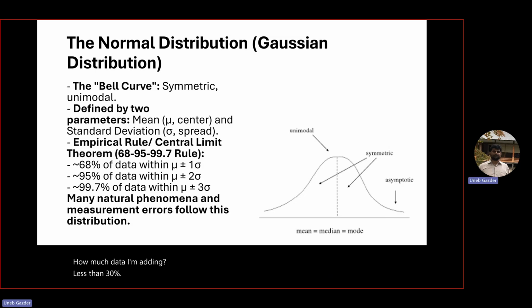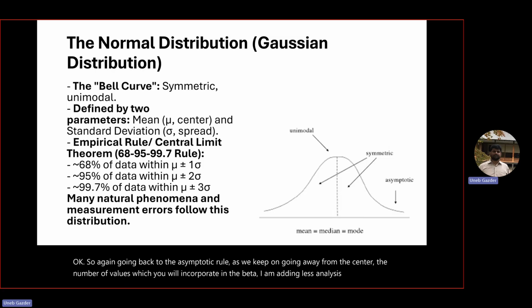So up to 1 standard deviation covers 2/3 of the data. Up to 2 standard deviations, I do not even reach 100%. So as you get far from the center, the number of values you cover is very, very less. And if you increase even 1 more standard deviation, how much are you covering? 4% something. So again, going back to the asymptotic rule, as you keep going away from the center, the number of values you incorporate gets less and less.